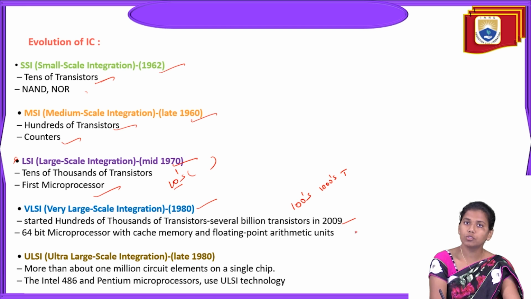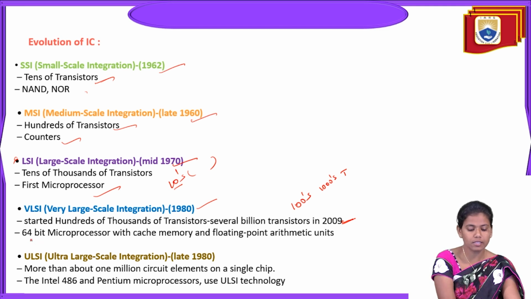We could get different types of chips or devices based on hundreds of thousands of transistors.